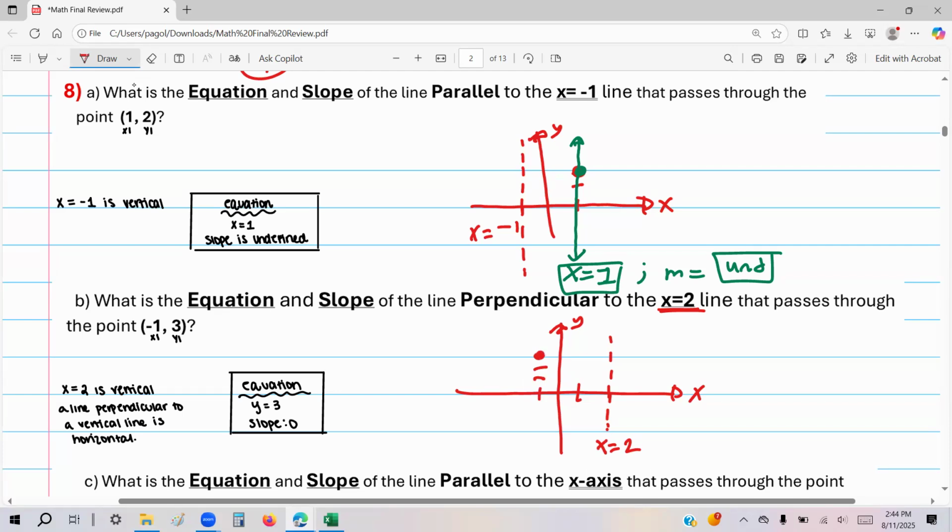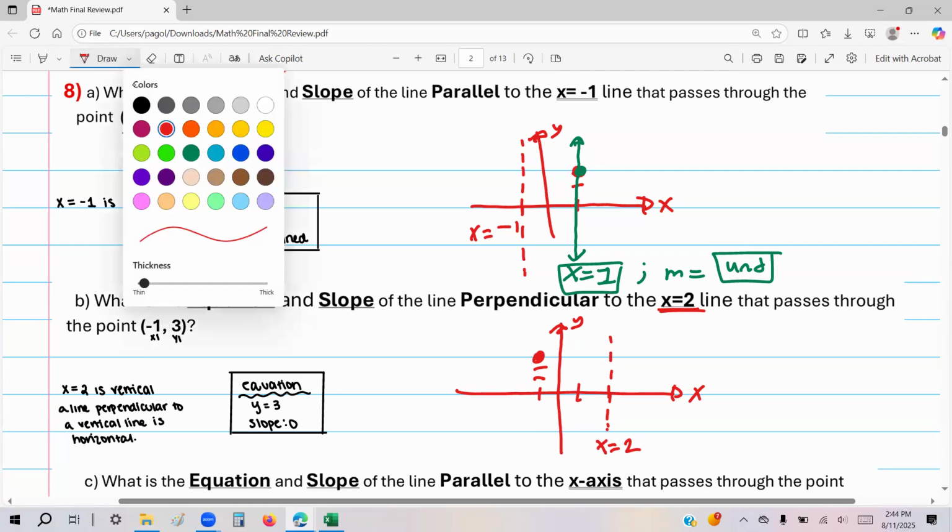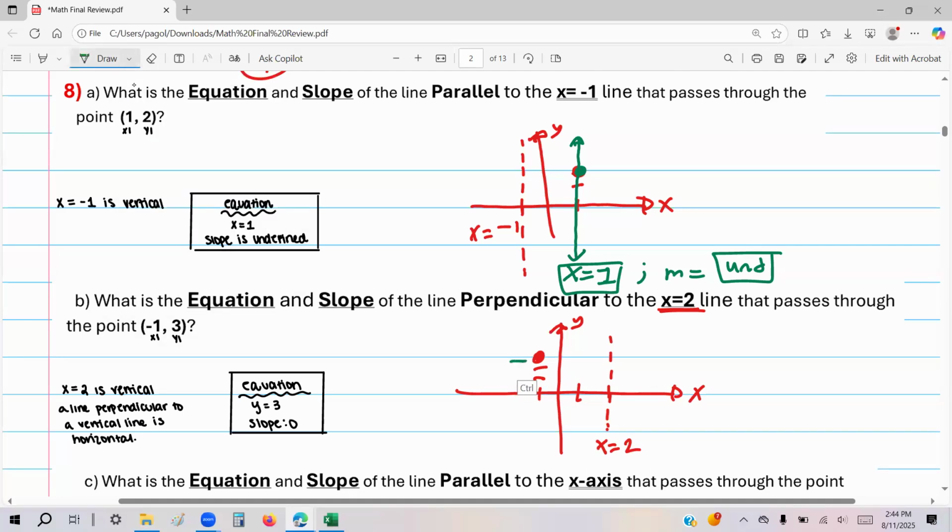So draw a line that is perpendicular to x equals 2, but goes through this point. What type of line are you going to draw? A horizontal line. So this is the line perpendicular to the line x equals 2. What's the equation of this line? y equals 3. And what's the slope of any horizontal line? 0.